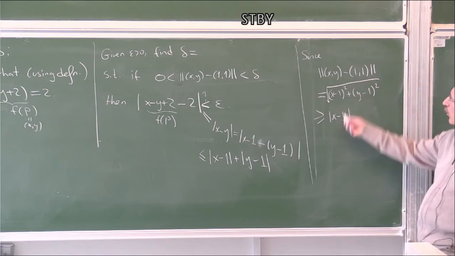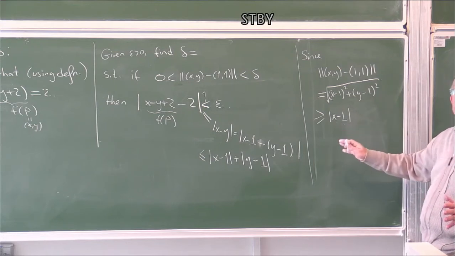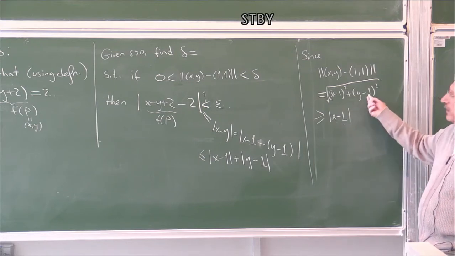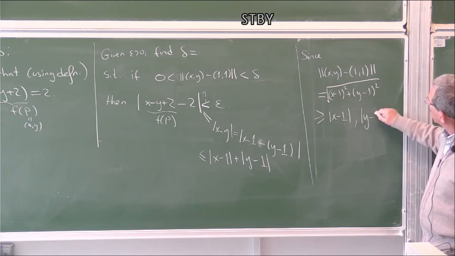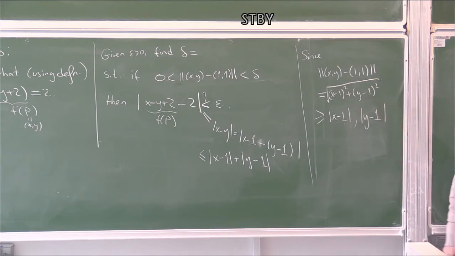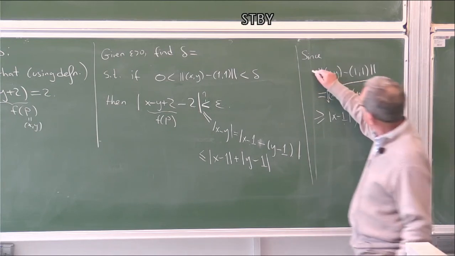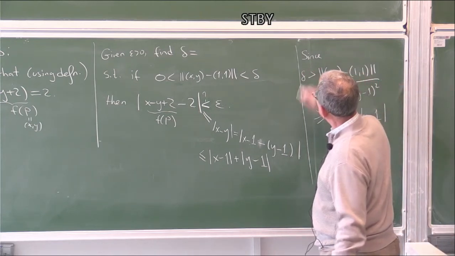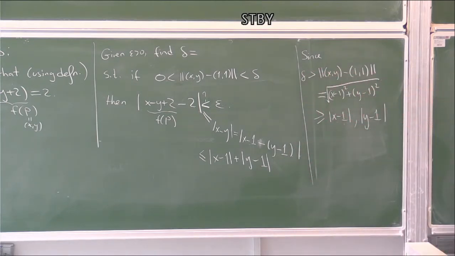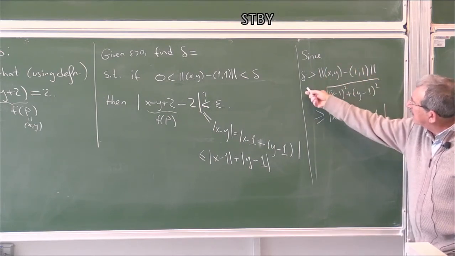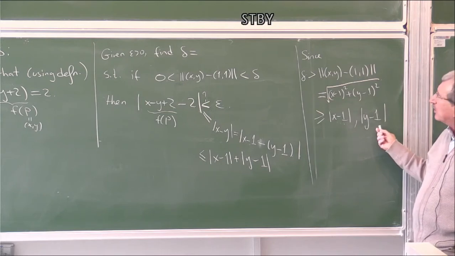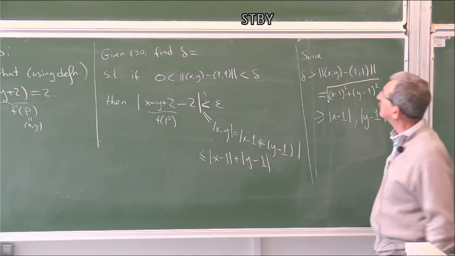Because take squares of both sides, everything positive, you can do it. Here you have an extra positive term. But also, it's bigger than y minus 1. And this was less than delta. Which means that if this is less than delta, one by one, these are less than delta.